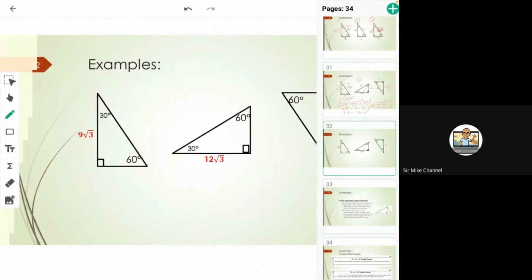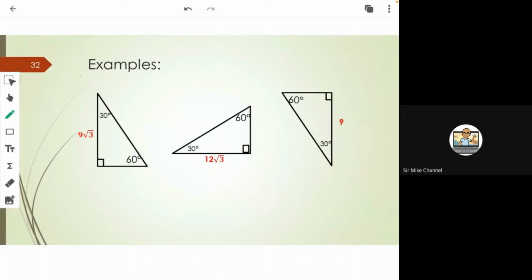Okay, number 1. Nandyan pa ba si Jamaica Norcia? Okay, anong sagot natin dito, Jamaica? Do you have an idea? What is the answer number 1? Ano yung measurement ng shorter leg and the hypotenuse?